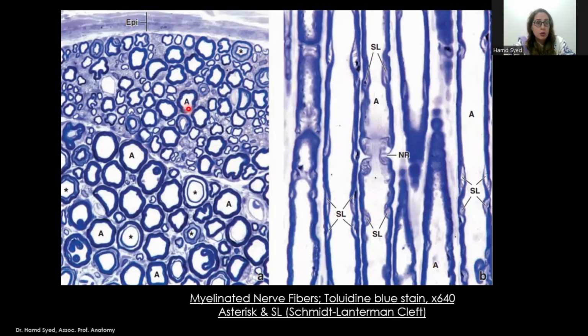But there are also some axons over here where you can see this double layer, which represents the section taken through the Schmidt-Lantermann cleft. And on the right, the longitudinal section of these same axons surrounded by the myelin layer. You can also see the Schmidt-Lantermann clefts in the longitudinal section.